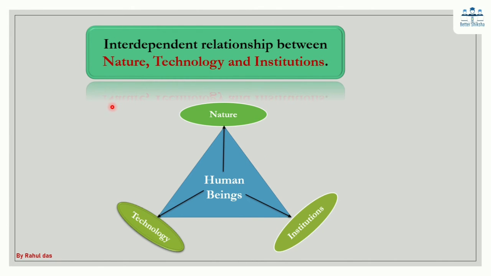Let us understand this in a simple and easy way. As human beings, first we try to find the available resources, and then we make some technology from those resources and use them continuously for our requirements, and these technologies are run by various institutions for the economic growth of the society or the nation.